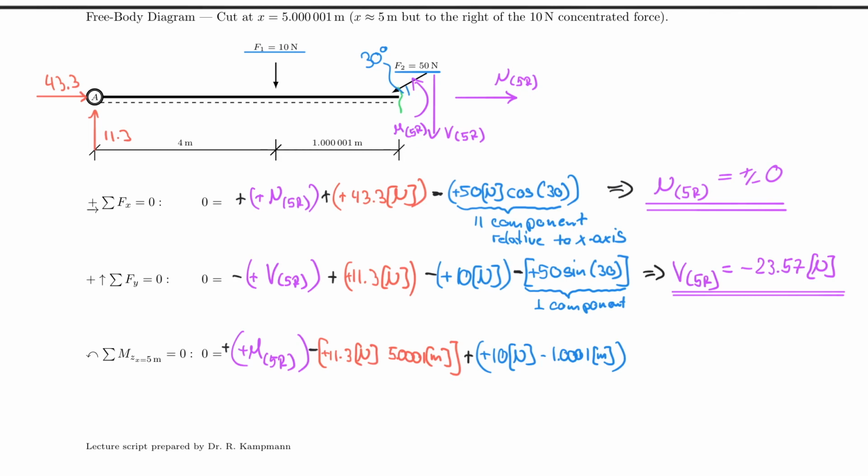And now, just to be sure here, or just so that you see it once properly, we can also say that we have the 50 Newton times the sine of 30, that gives us the perpendicular component, multiplied by 0.000001 meter.